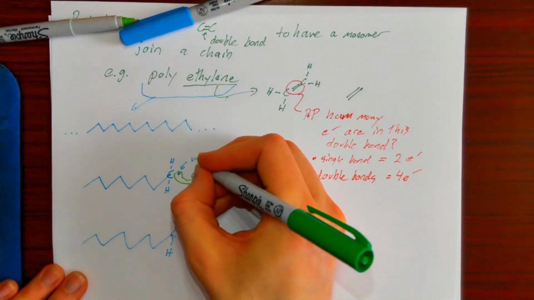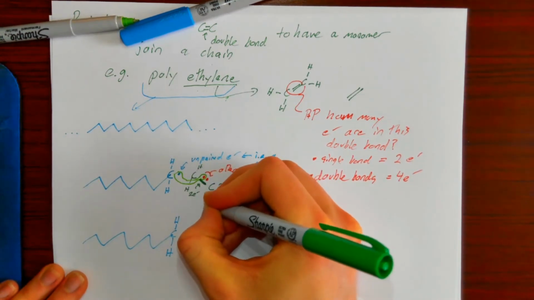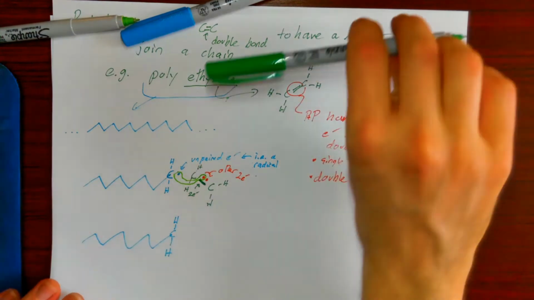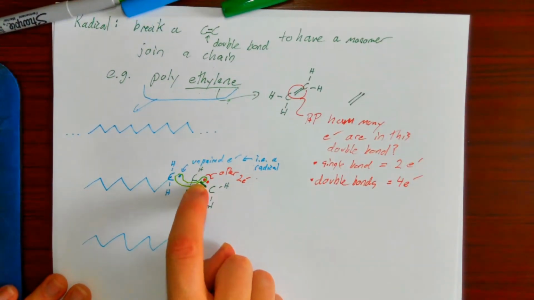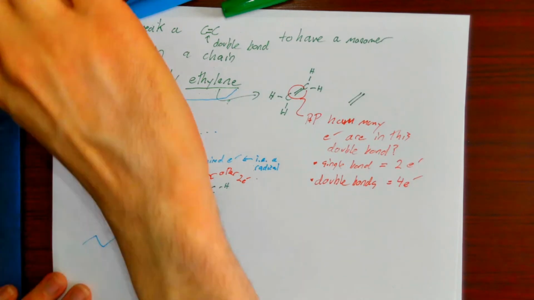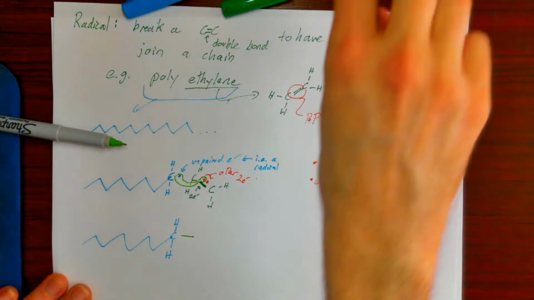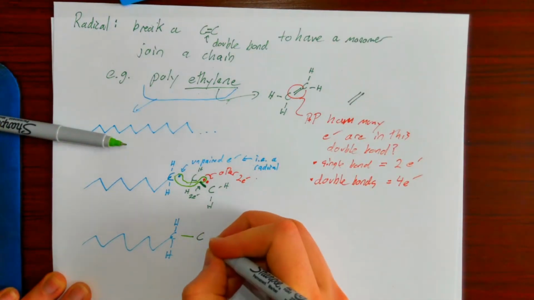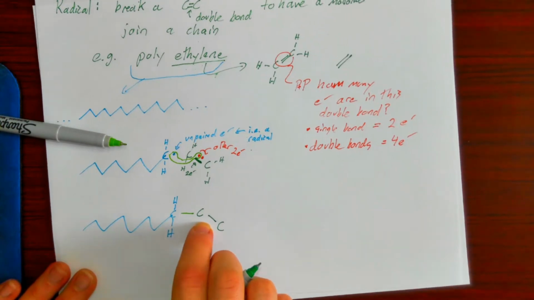I should draw the other hydrogens that were around here. What does that do? These 2 electrons coming together form a new single bond between these carbons that were originally separate. This single bond remains as a single bond between these 2 carbons here.